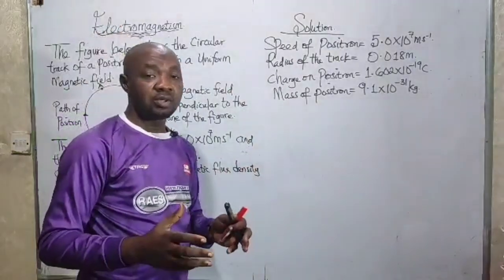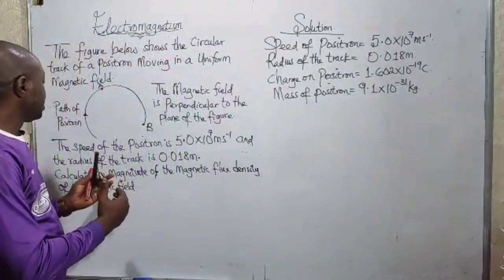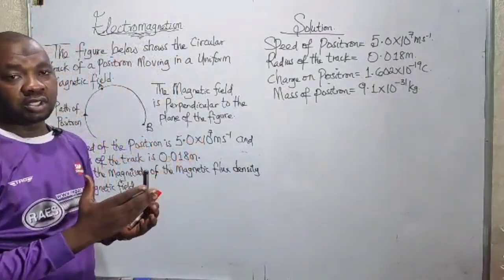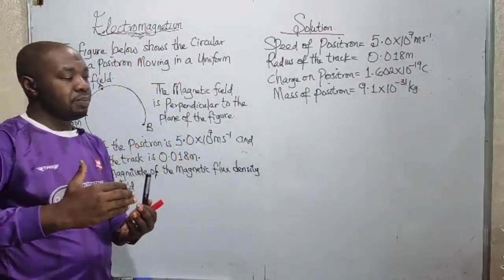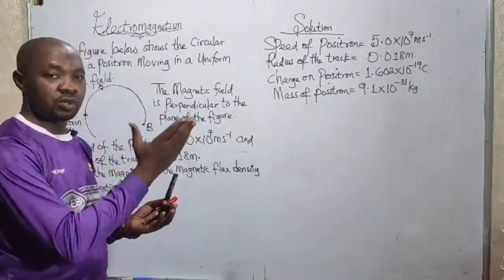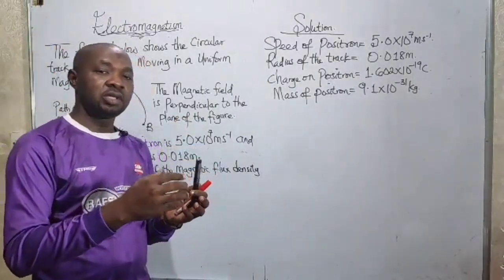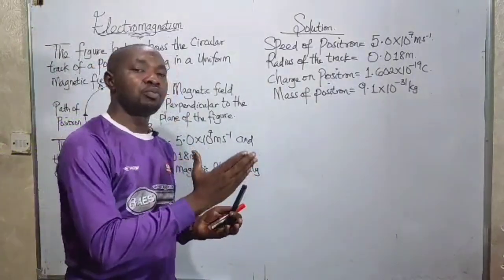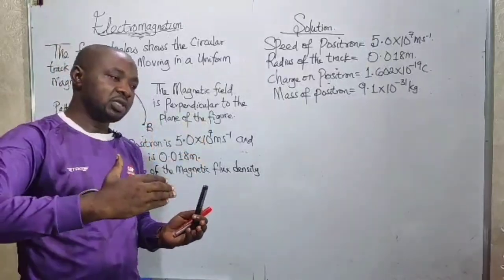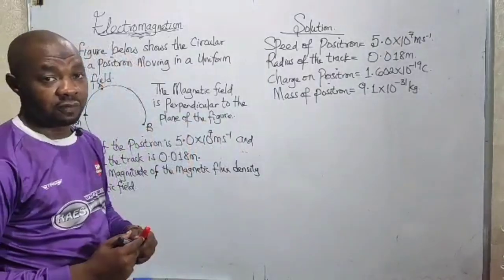Now we want to calculate the magnitude of the magnetic flux density. The positron is describing a circle along its path because there is a force that keeps it moving in that path, and that force is the centripetal force.